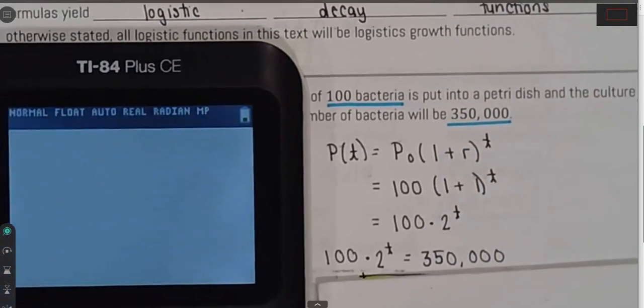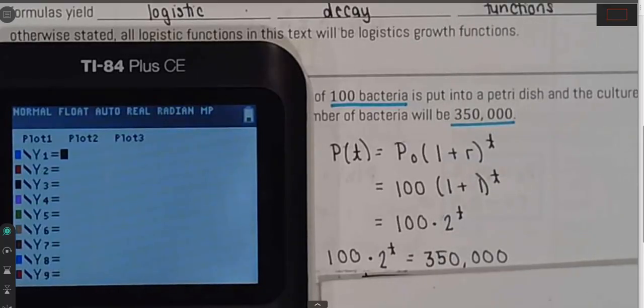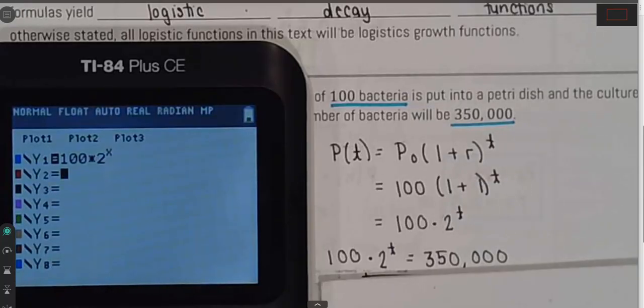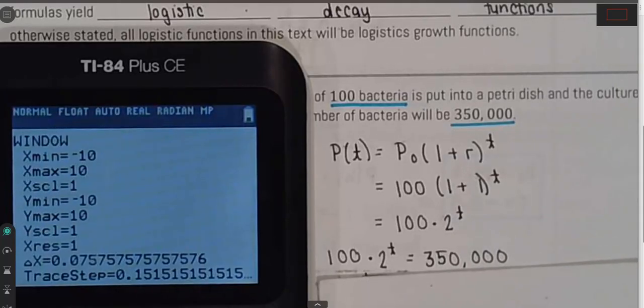So in my calculator, I'm going to plug in 100 times 2 raised to the x power, and then 350,000. And I'm going to change my window.